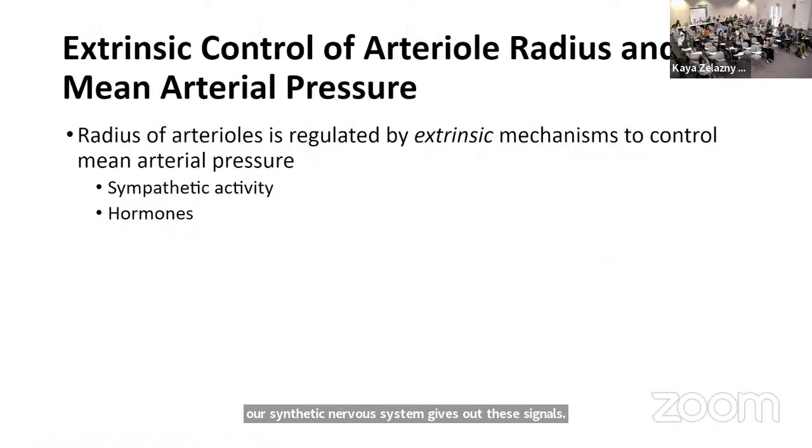Okay. So when we talk about extrinsic control of our arterioles, and therefore also of our mean arterial pressure, blood pressure, part of what's happening here is that we have hormones. And by hormones, we're really mostly thinking about epinephrine at this point, right?